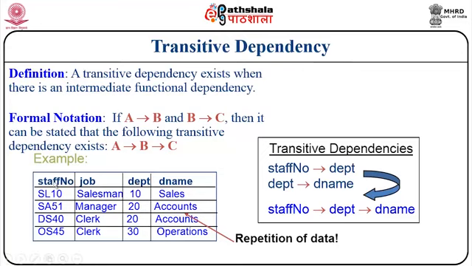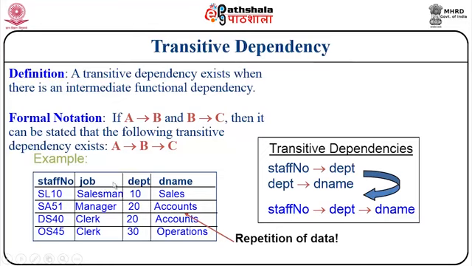So we can say that if you consider staff number as A, department as B, and department name as C, department is functionally dependent on staff number, which is acceptable because staff number is supposed to be the primary key of this relation, and department name is dependent on department.